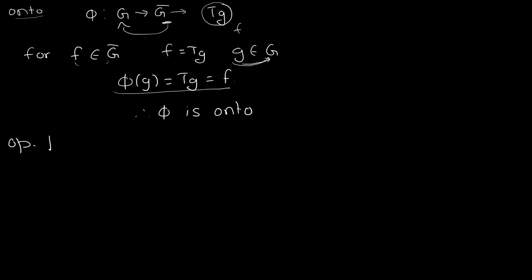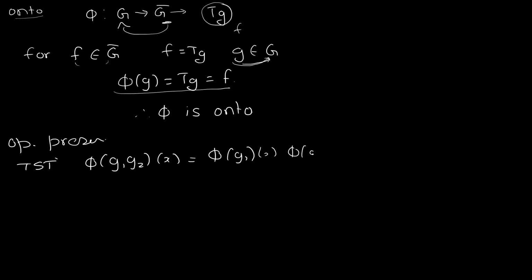The last part is operation preserving. For this I have to show that phi of g1 g2 of x equals phi of g1 into phi of g2 of x. Basically, phi of g1 into phi of g2 of x is going to be my target. So I'll use the left hand side. I get phi of g1 g2 of x as T of g1 g2 of x.